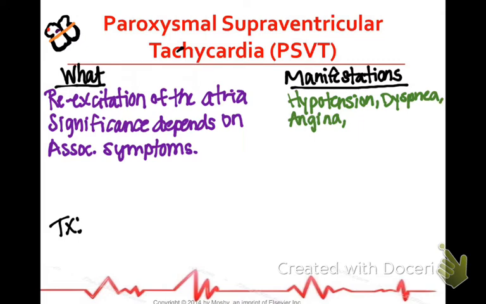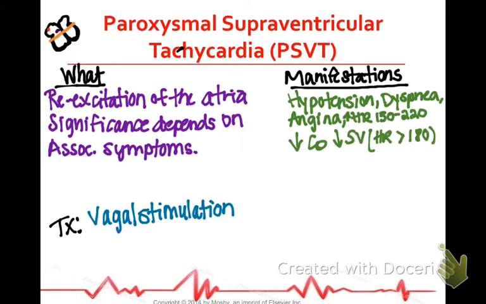Again, anytime it's going so fast that it can't go through the proper cycle and the filling and all, then you could get chest pain too and decreased cardiac output. So decreased cardiac output, decreased stroke volume, usually with a heart rate greater than 180. That's when you're going to see that, because it just can't keep up the cycle. The atria's going so fast, and the ventricles just can't keep up.